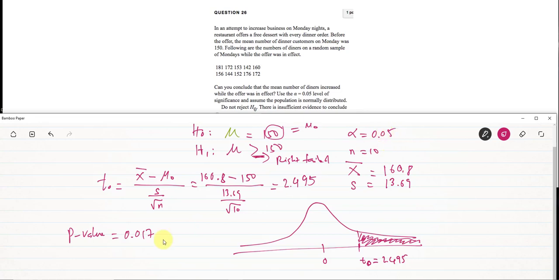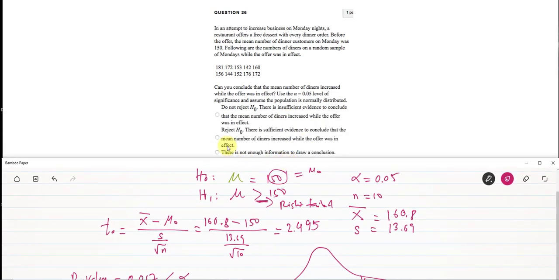This is less than alpha. If the p-value is less than alpha, then we reject H naught. Reject H naught, which is this one here. There is sufficient evidence to conclude that the mean number of dinners increased while the offer was in effect.